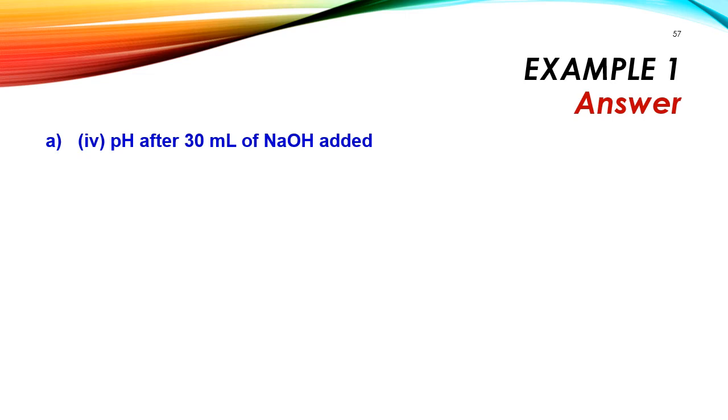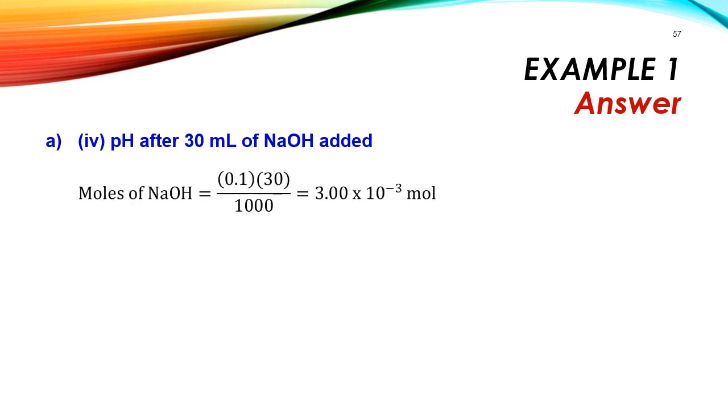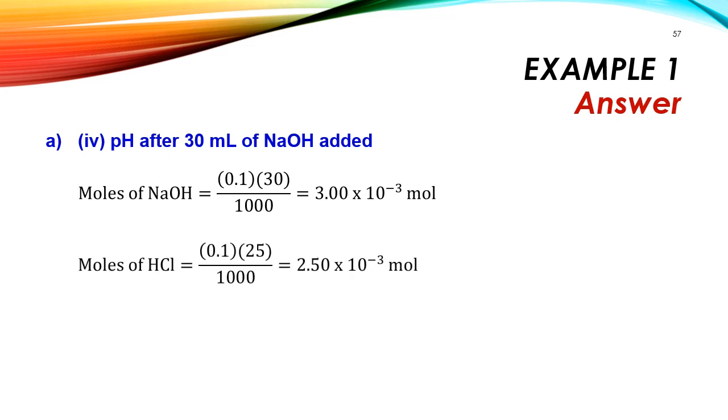Now, let's calculate the pH after the addition of 30 ml of sodium hydroxide. First, calculate the number of moles for acid and base used in the reaction. The moles of sodium hydroxide used in the reaction is 3.00 exponent negative 3 moles, and the hydrochloric acid is 2.50 exponent negative 3 moles.